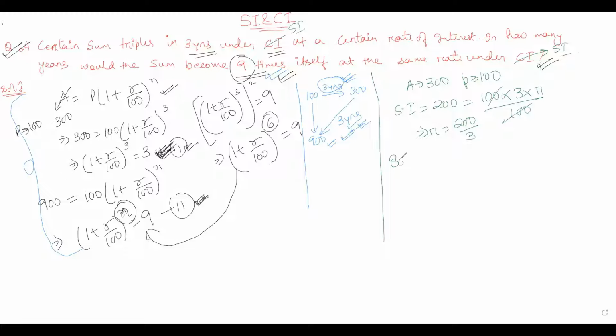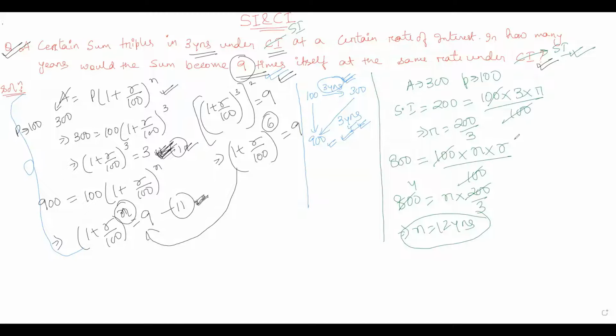So the simple interest would be 900 minus 100, that is 800. This would be for the principal 100, and we need to calculate the time period for the same rate, that is R upon 100. So this would be cancelled. So 800 would be equivalent to n times R, and R we know is 200 by 3. If you simply solve this out, this would be 4, so n would be 12 years. So in 12 years, a certain sum will become 9 times under SI.